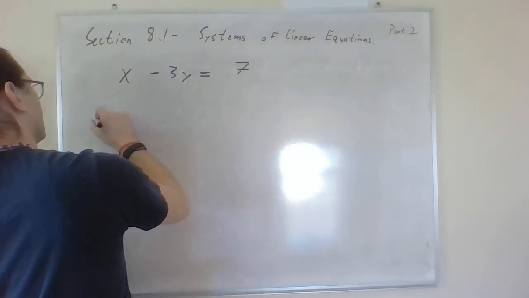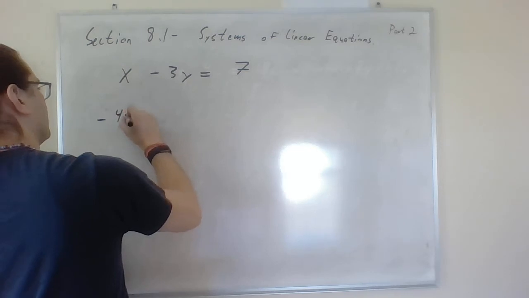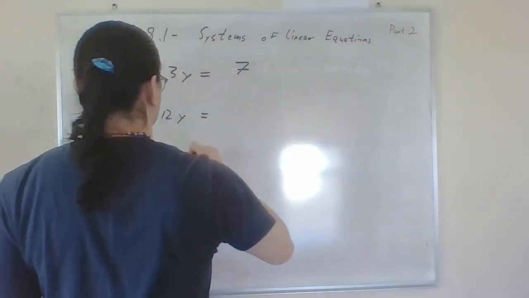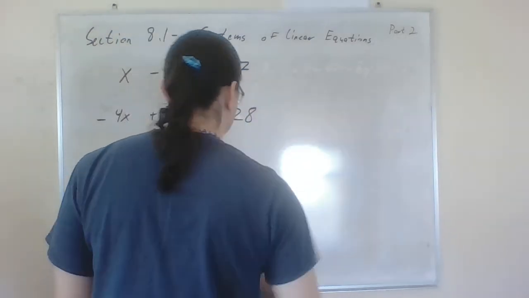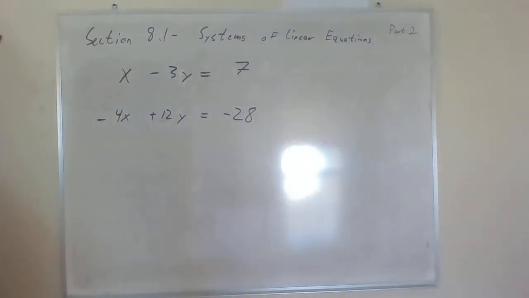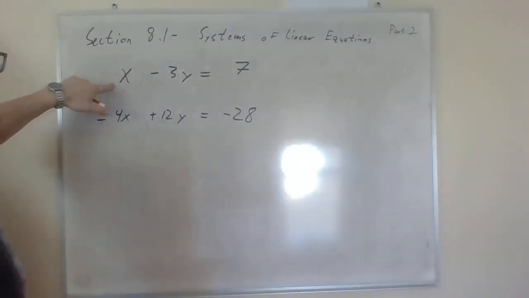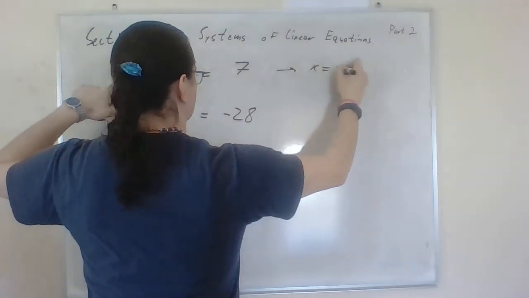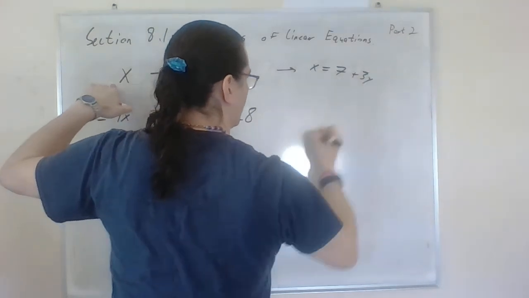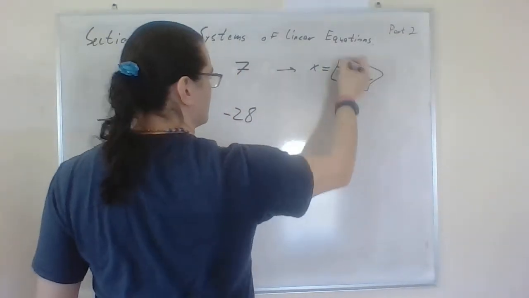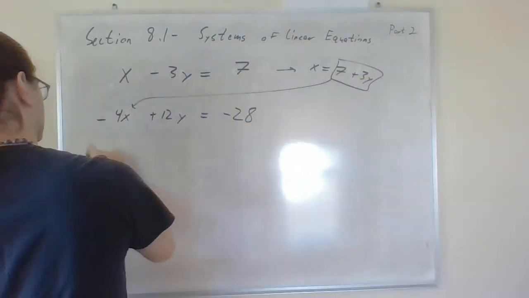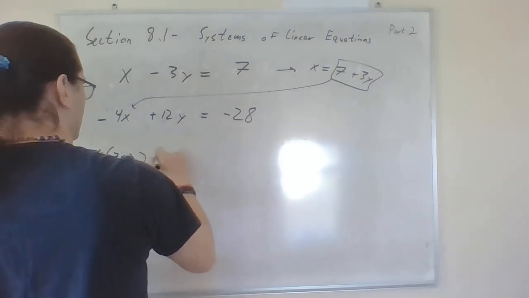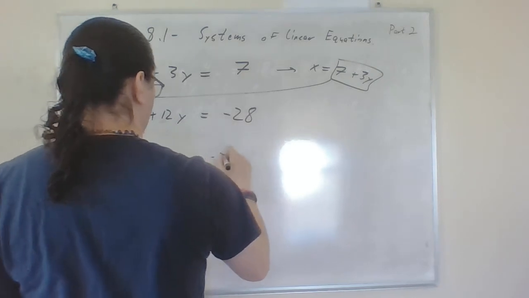We'll do negative 4x plus 12y equals negative 28. For this one, I'm going to do substitution by isolating this x. So this thing is going to become x equals 7 plus 3y. I can plug this into here. So negative 4 times 7 plus 3y plus 12y equals negative 28.